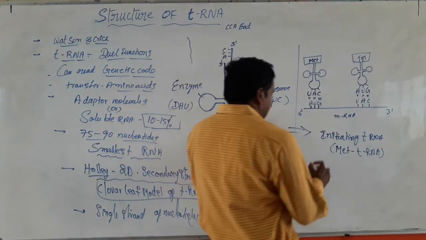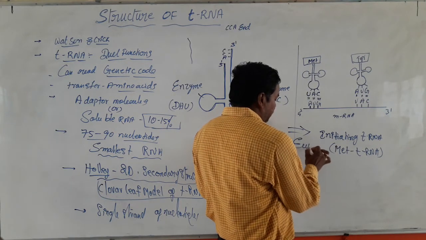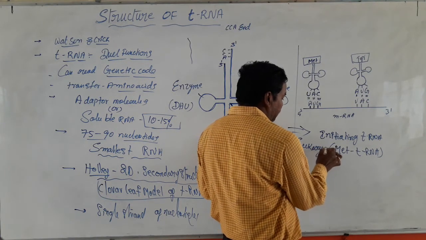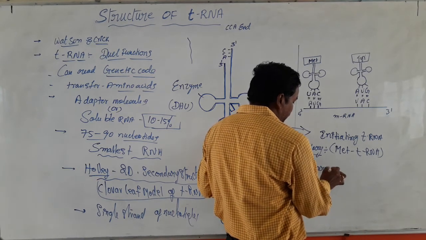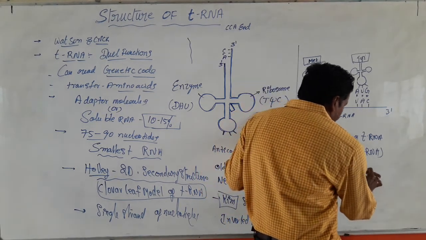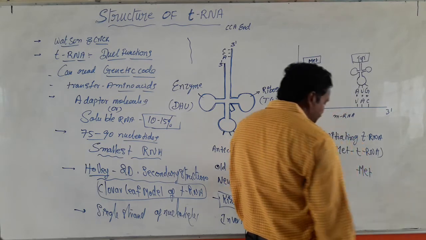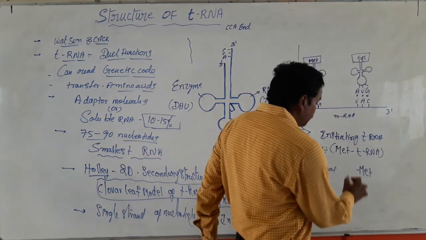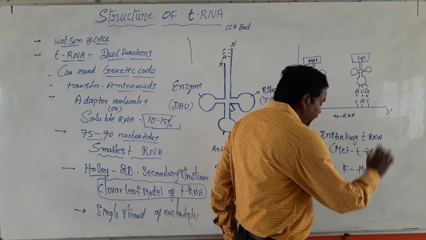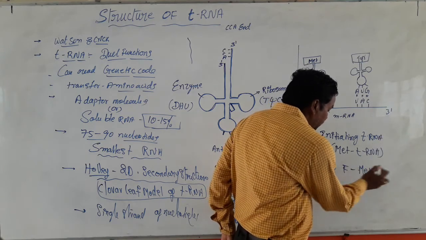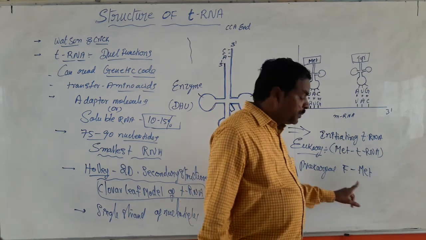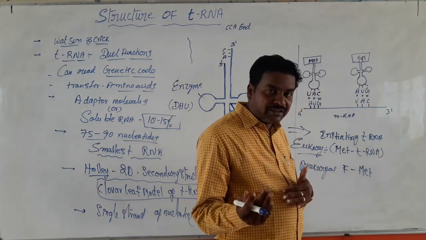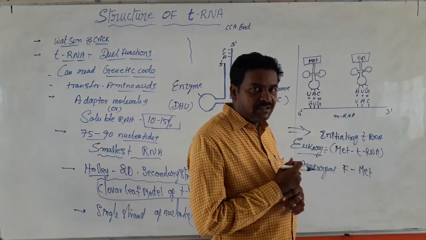But in the case of prokaryotes like bacteria, this methionine also contains one formyl group. A formyl group is attached to the methionine in prokaryotes.